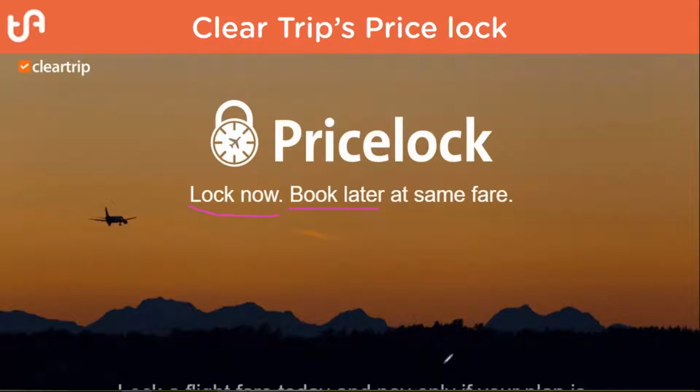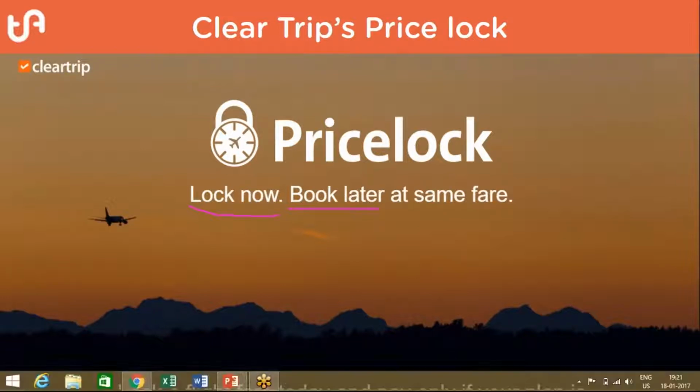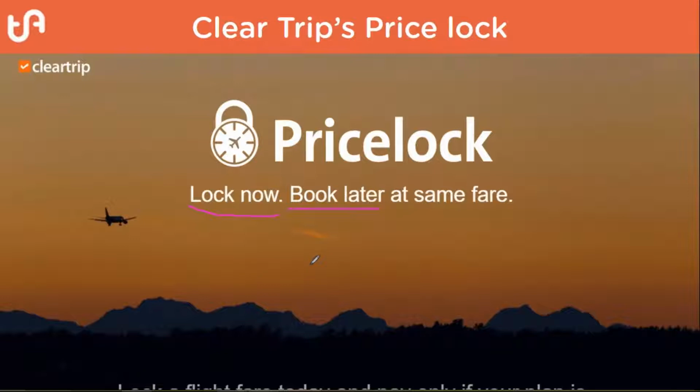Let's say you want to travel but you're not sure of the dates. So you can block your seat by paying a certain token amount, wherein your tickets are booked for today's price. If you don't want to book it later, you lose your token amount and you're done. But if you want to book it, even if the price goes up, that's okay. You're still locked in with today's price. That's called lock now, book later.